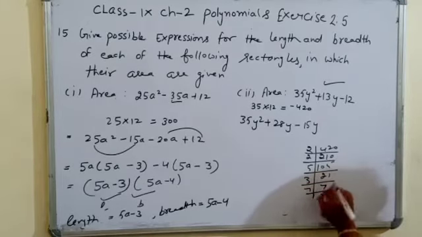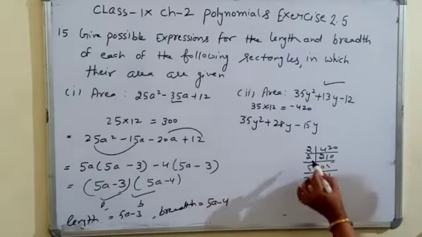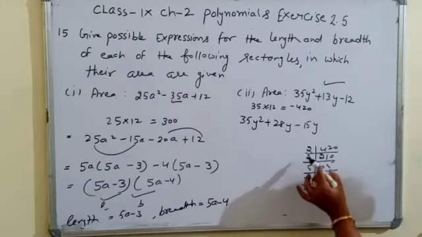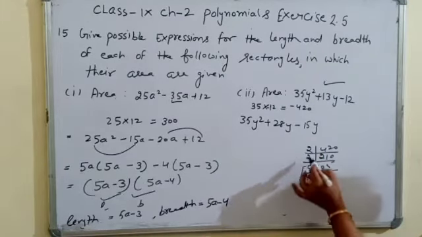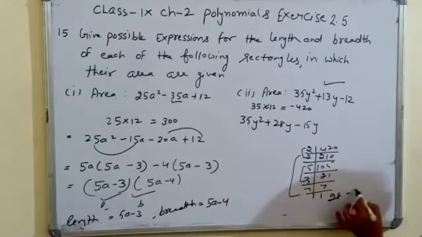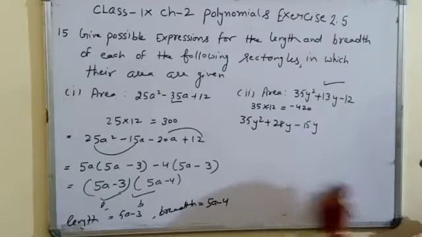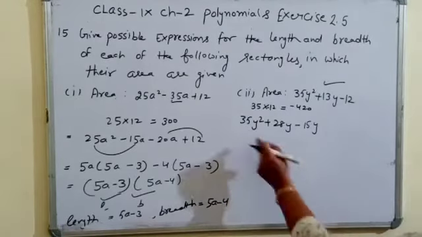Now, let's see which arrangement we can make here. 28 minus 15, that is equal to 13. So by using this LCM, we can make the factors for the middle term.